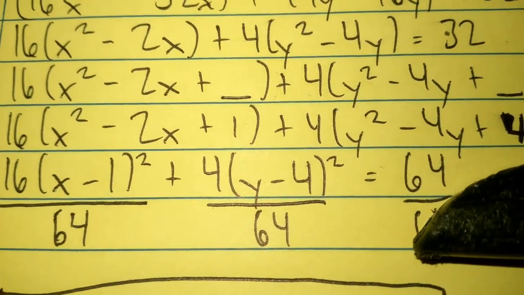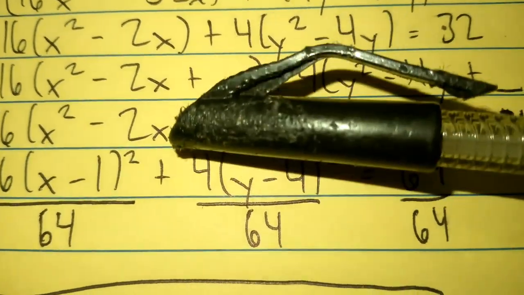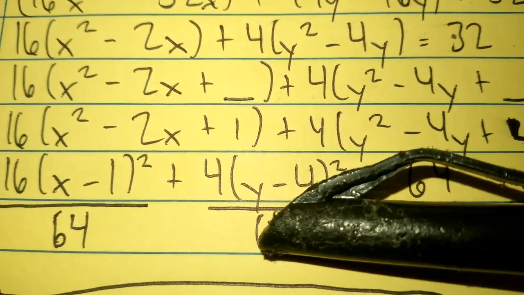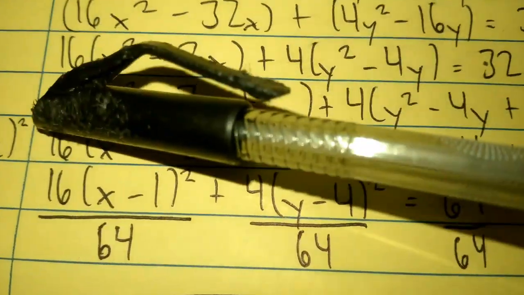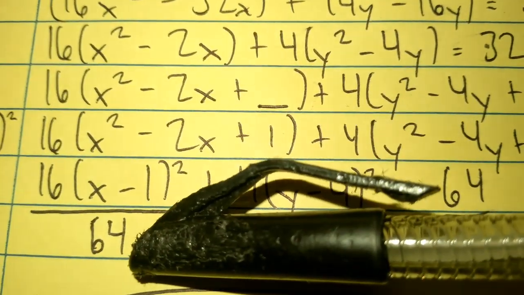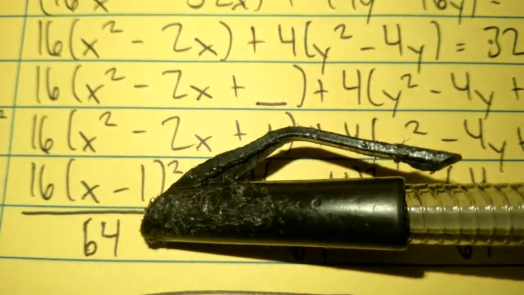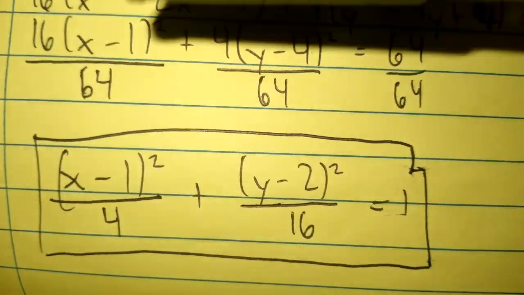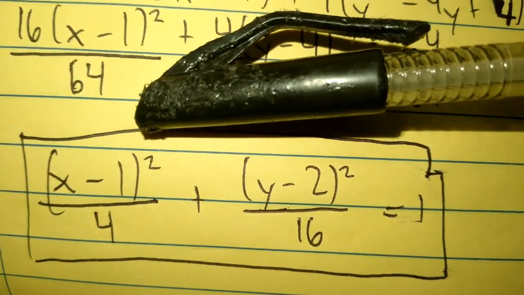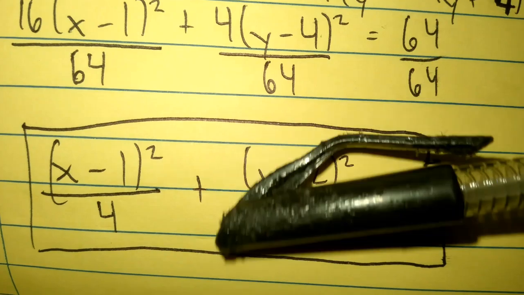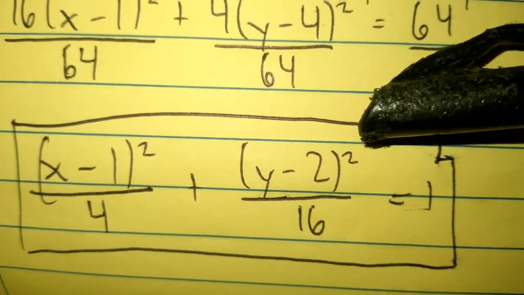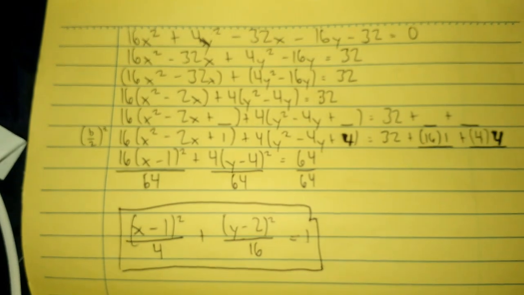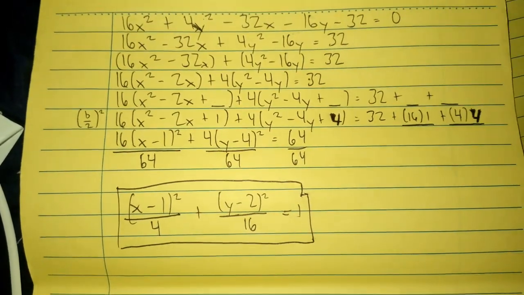So 64 divided by 64 is 1. 4 over 64 is 1 over 16, and 16 over 64 is 1 over 4. So the final answer should be x minus 1 squared over 4 plus y minus 2 squared over 16 equals 1. So that's how easy it is.